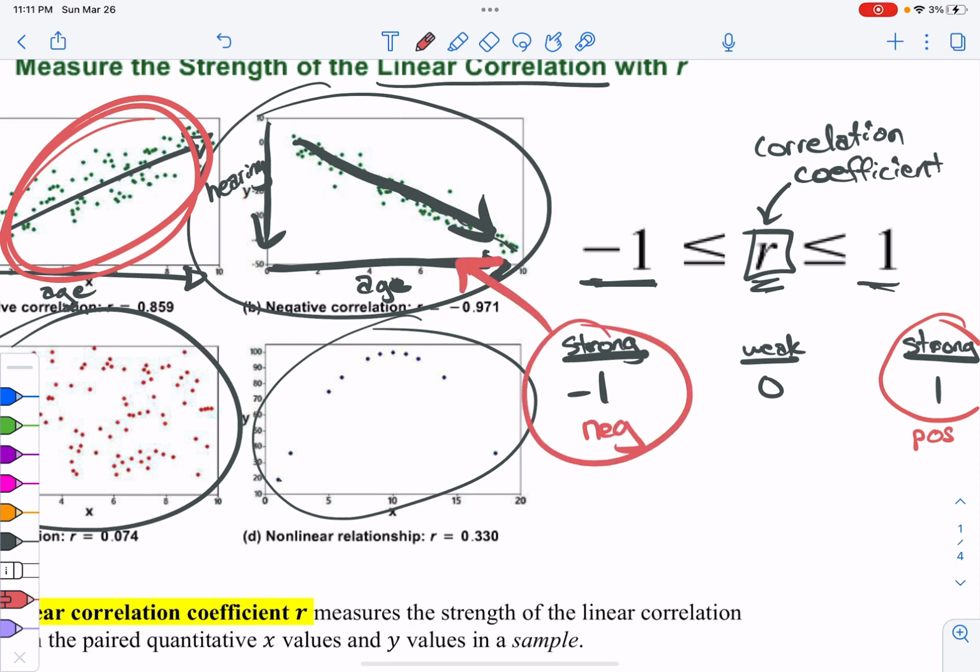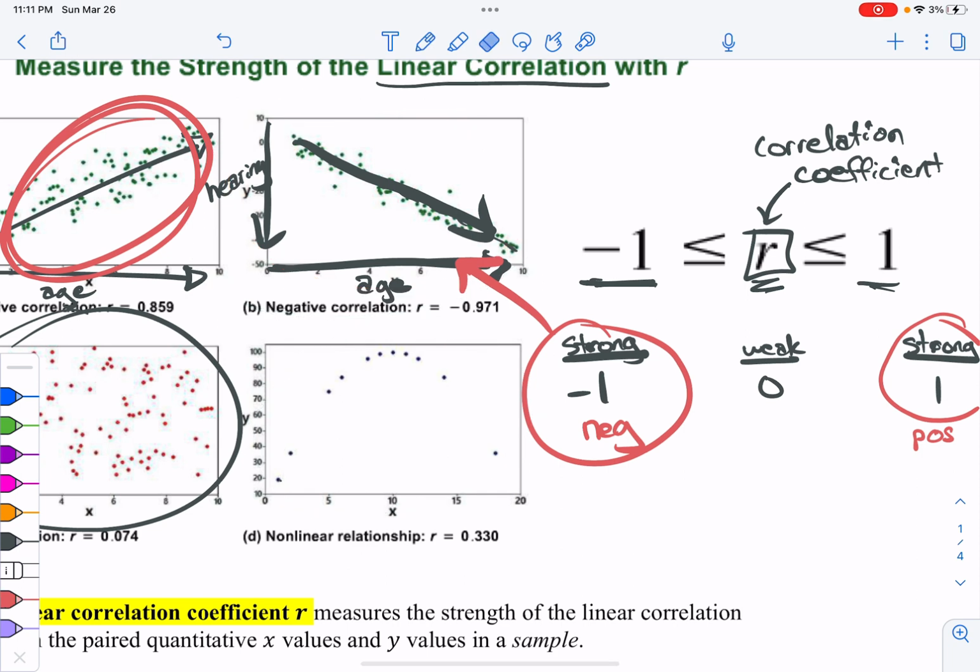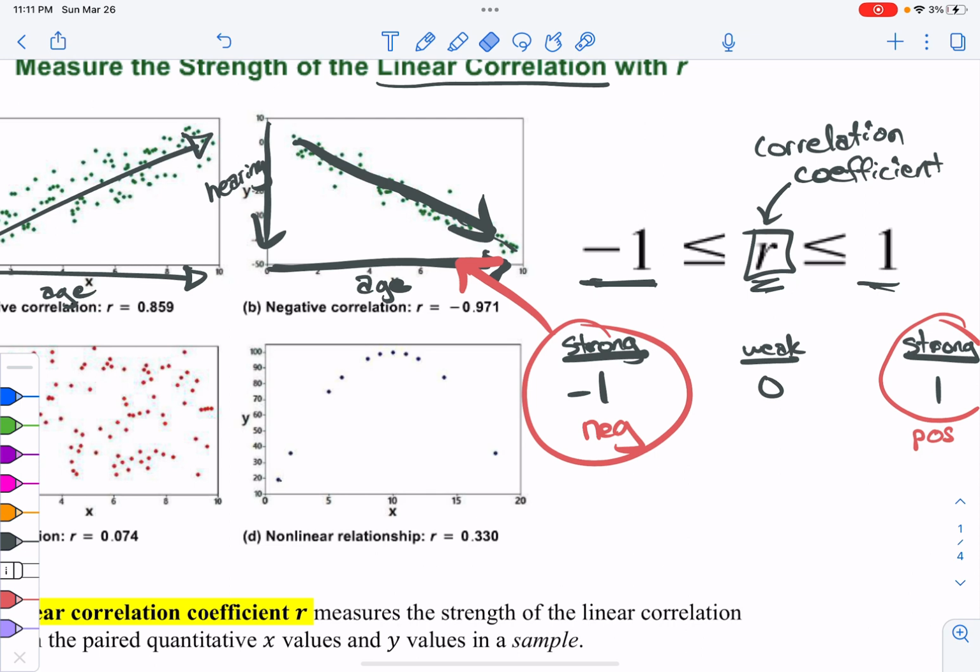A weak relationship would be a number close to 0. So these values right here, this one has an R value of -0.97, which is a number that's really, really close to -1, because those are really strong negative related.